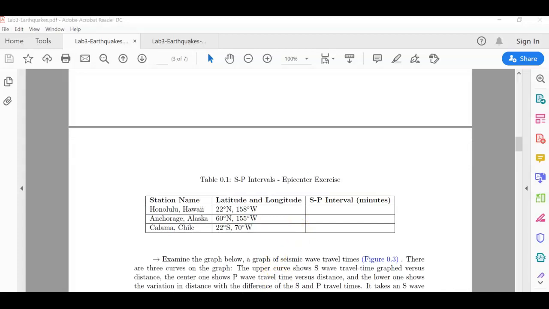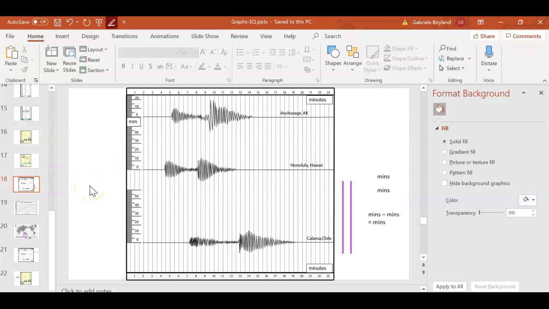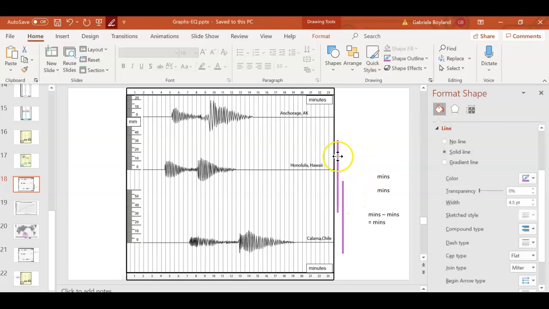So let's do that. This is that same graph where I have the 3 seismograms recorded. In order to determine the SP wave arrival difference, we're going to locate the primary wave arrival time. As you're seeing, I'm dragging the arrival time of the primary wave to the number of minutes that have passed.